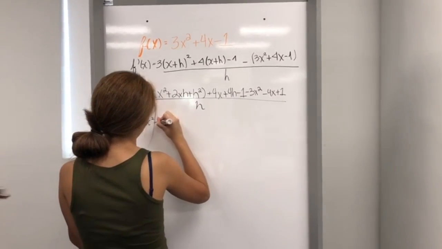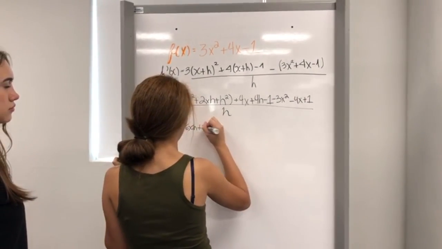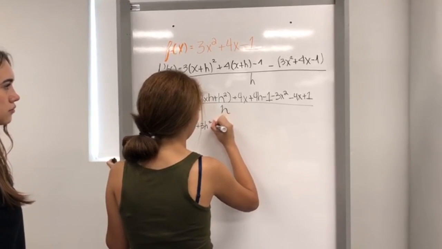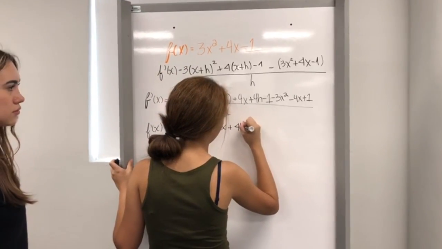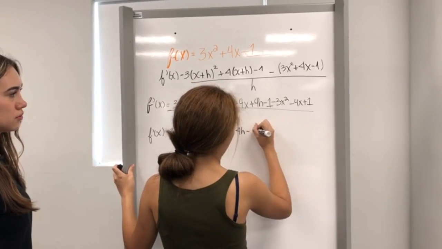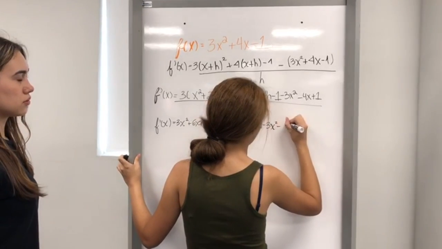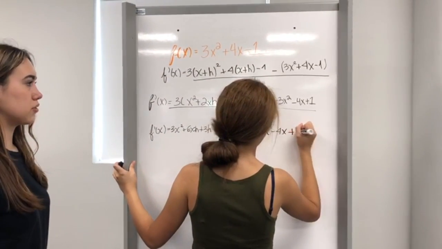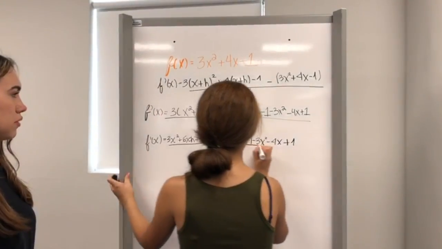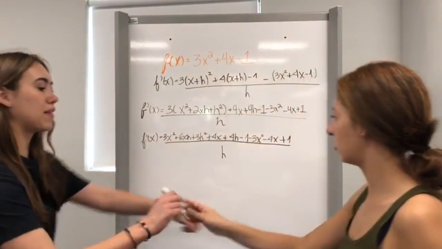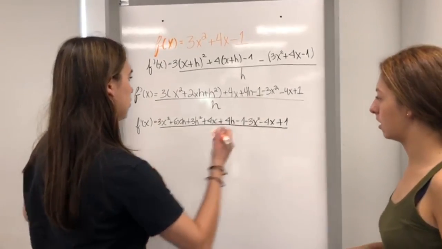Then we copy again. f'(x) is equal to, and we have to distribute, so the 3 multiplies. So it will be 3x² + 6xh + 3h² + 4x + 4h − 1 − 3x² − 4x + 1, this over h.